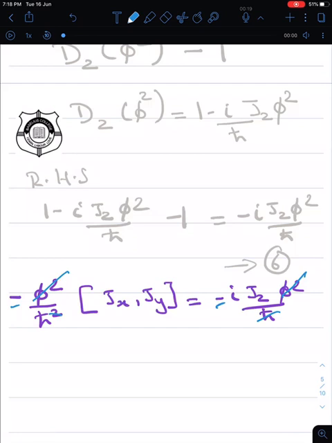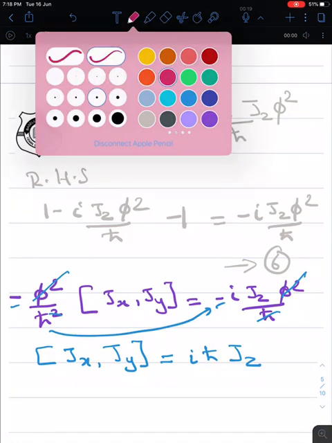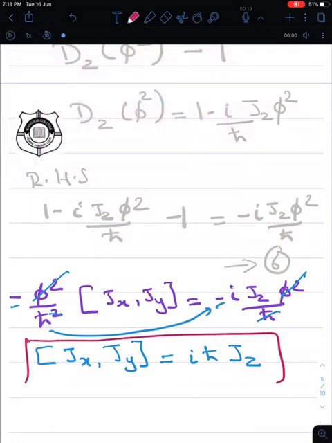So finally you get the commutator of jx and jy is equal to, this h cross goes to this side, i h cross jz. So this is our relation. You can see that they don't commute. About different axes, these angular momentum operators do not commute.